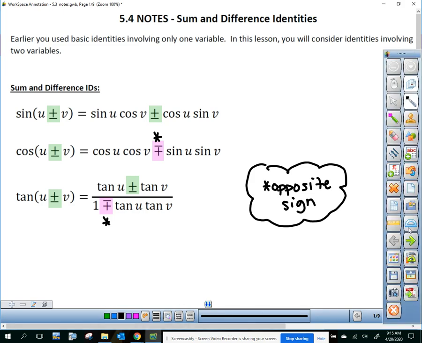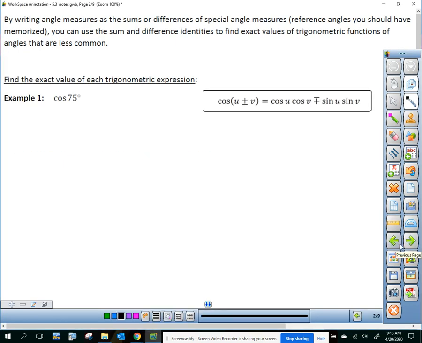Okay, so then by writing angle measures as sums or differences of special angle measures, our special angle measures, those are the ones on the unit circle that you have memorized, you can use them to identify the exact value of trig functions of an angle that you don't have memorized. So in this example, 75 degrees.